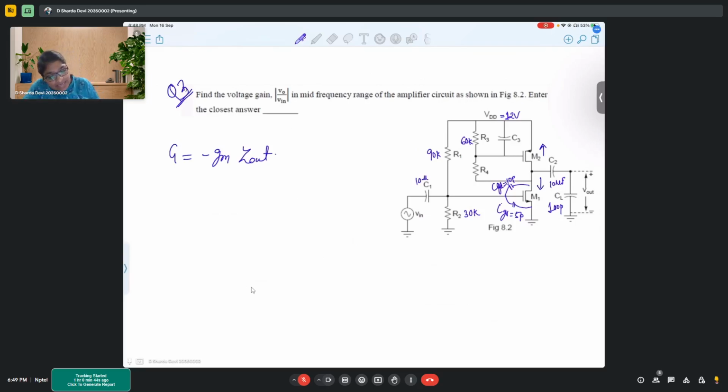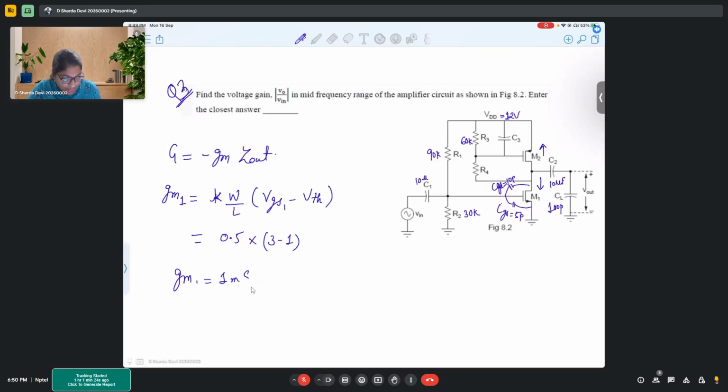And GM will be GM of transistor 1, where the input is there. So it should always be GM1. So GM is k W by L into (VGS minus VTH). So this becomes 0.5 into 3 minus 1, that is 2. So GM becomes 1 millisiemens.